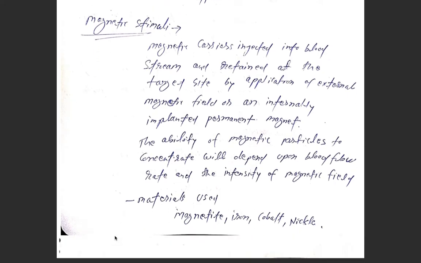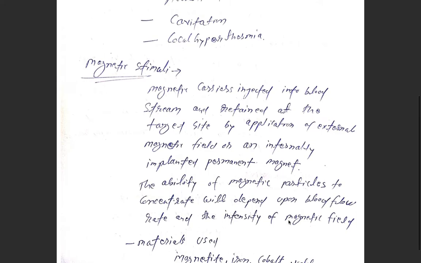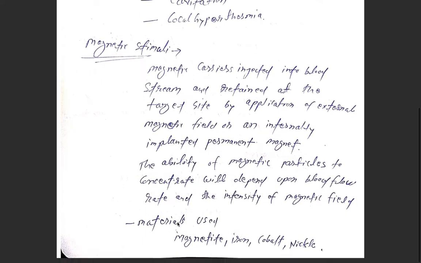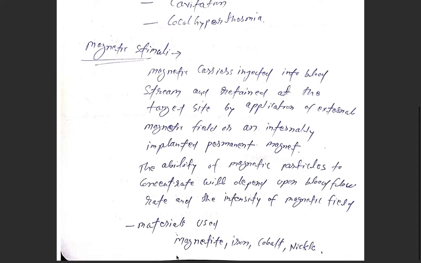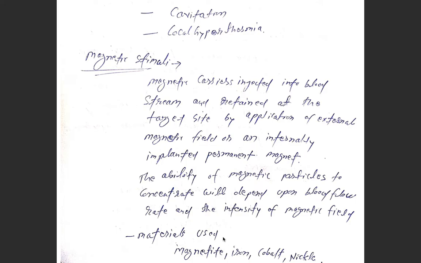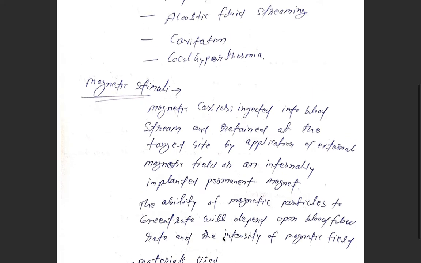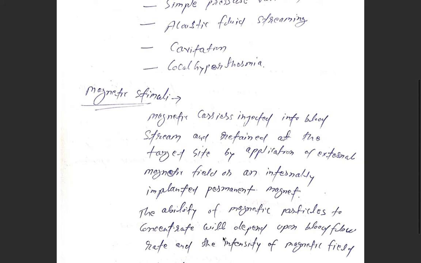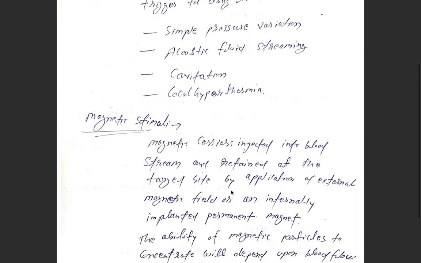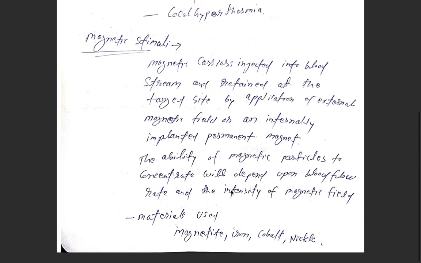The magnetic materials used are magnetic iron, magnetite, iron, cobalt, and nickel. These are the magnetic materials used in magnetic stimuli, with the magnetic field for drug delivery.